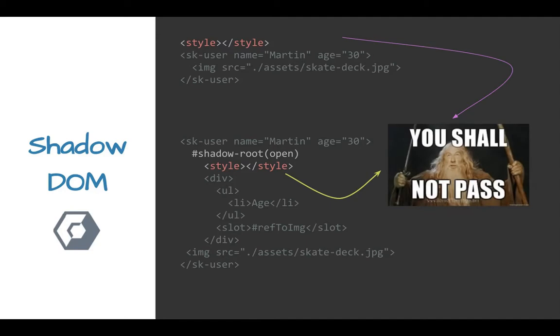You cannot pierce Shadow DOM. Everything that you define inside is private, and you cannot override it. Actually, you can with CSS variables, but those are only feasible for some theming, right? So you cannot redefine the whole selector and CSS style for some div element. So this is, again, pretty powerful.